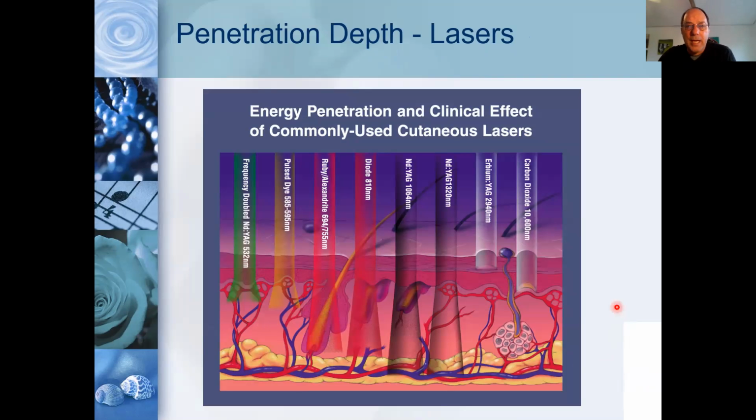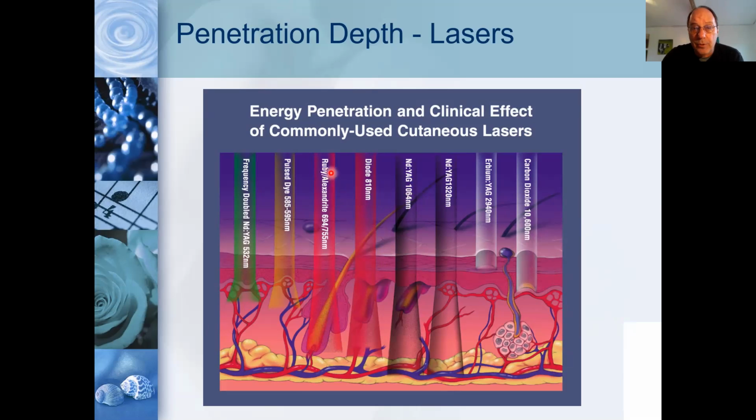These are different laser devices, and each one of these is an individual laser that we use. And if you look at the anatomy, there's epidermis, there's dermis, and there's subcutaneous. The way this works is that these laser beams come from one crystal.